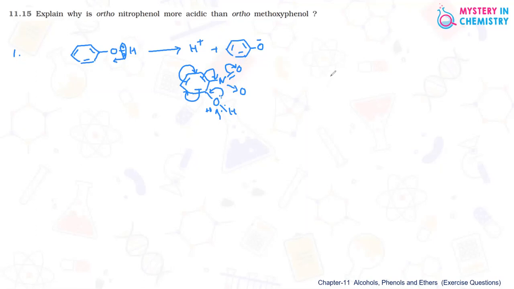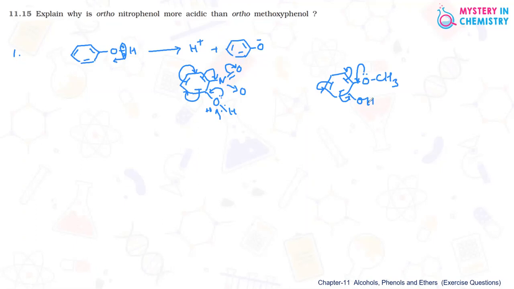Whereas what happens in case of ortho-methoxyphenol? The methoxy group is this one and OH is here. So this is giving electrons, and by this it is increasing electron density at the oxygen.